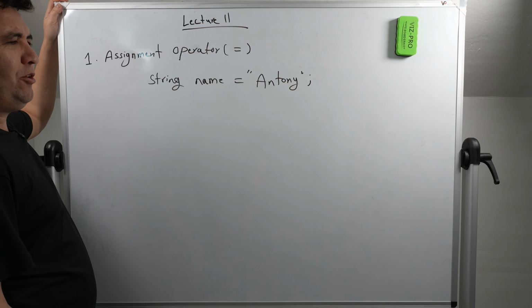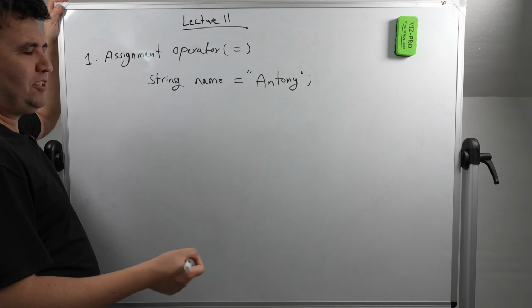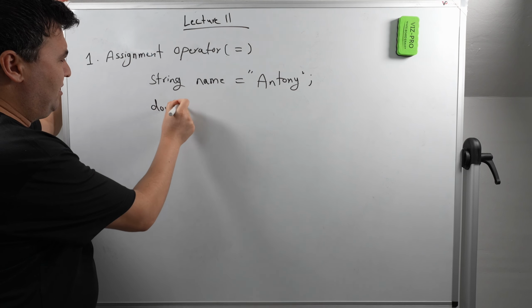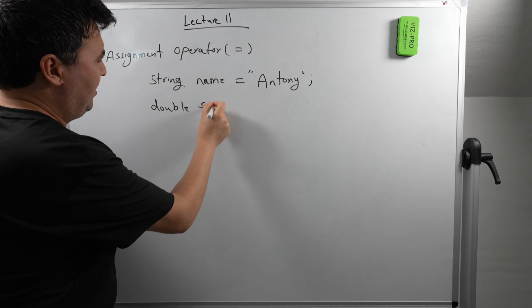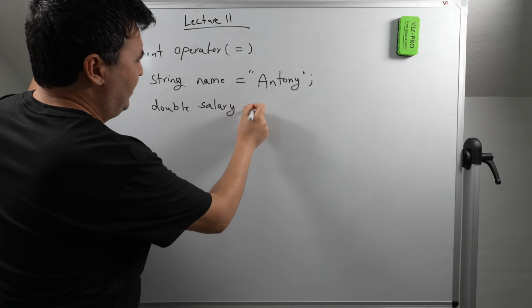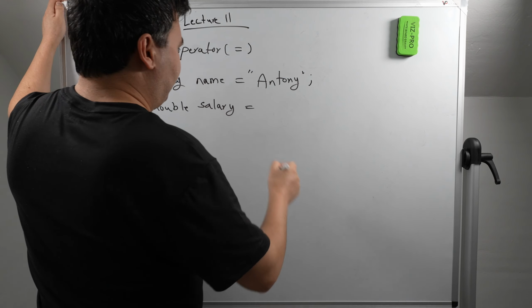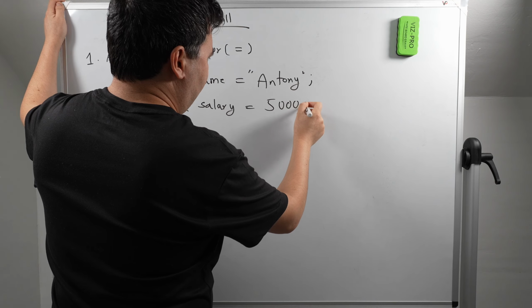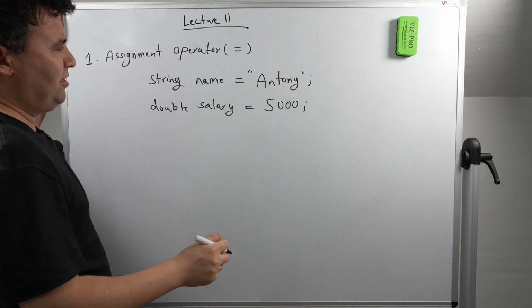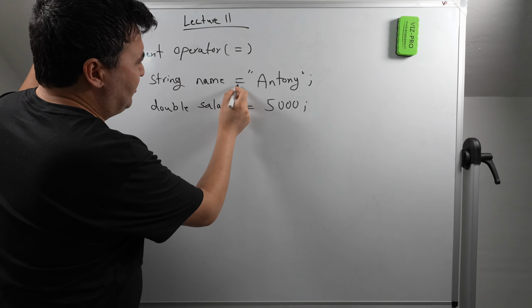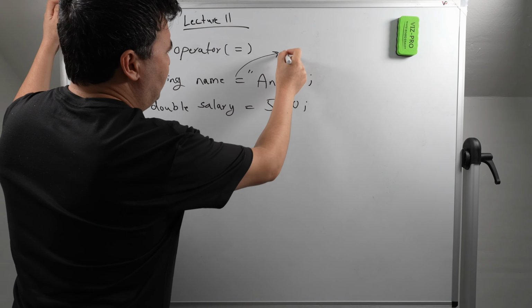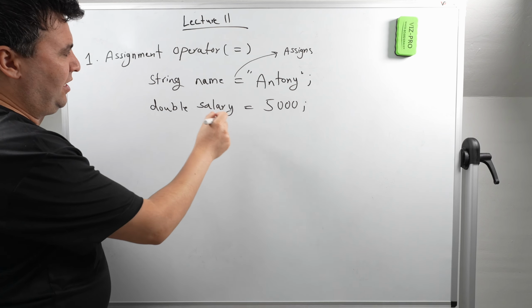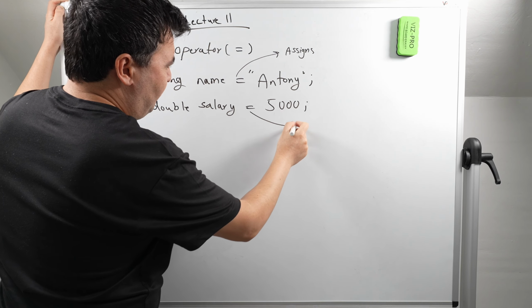Or we need to store in our program the salary of an employee. So we define a variable, double salary is equal to 5,000. So here we use the assignment operator. This is the assignment operator which assigns values to variables, and this is also an assignment operator.